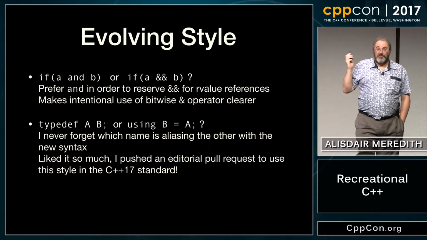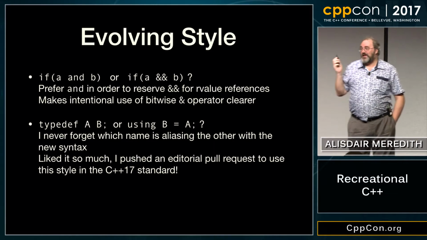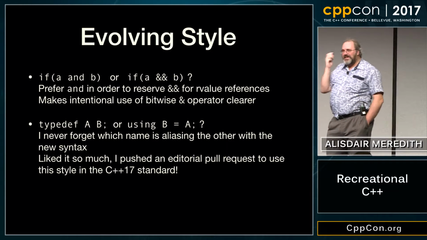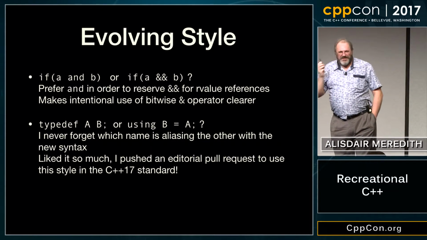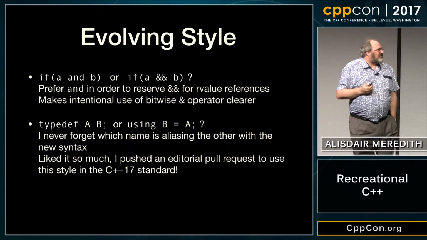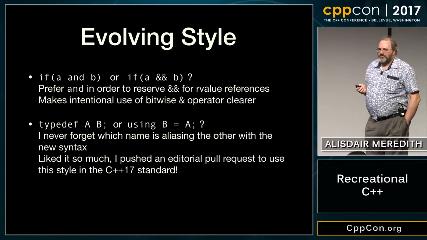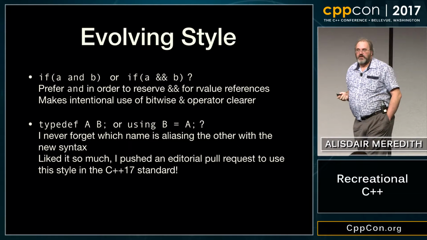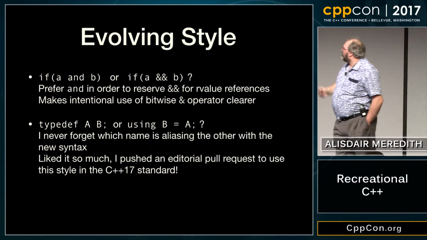This was a fairly substantial editorial request. You don't want to think about doing anything like this unless you're speaking with the project editors who will be responsible for landing your request. It's not just going to go in for free. But it was popular enough that the C++17 standard is now exclusively using this form in the standard library. So I'm quite pleased about that little thing.